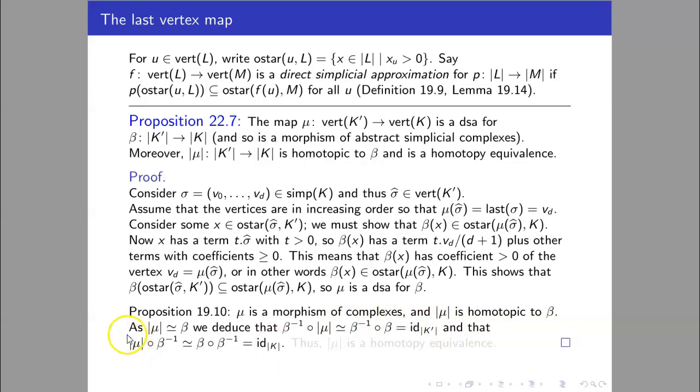And similarly, if we take mod mu composed with beta inverse, then that's homotopic, because mod mu is homotopic to beta, to beta composed with beta inverse, which is the identity on mod K. So that shows that beta inverse is a homotopy inverse for mod mu, and so mod mu is a homotopy equivalence as claimed.